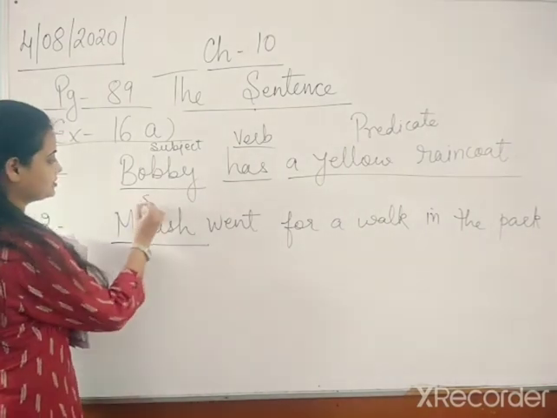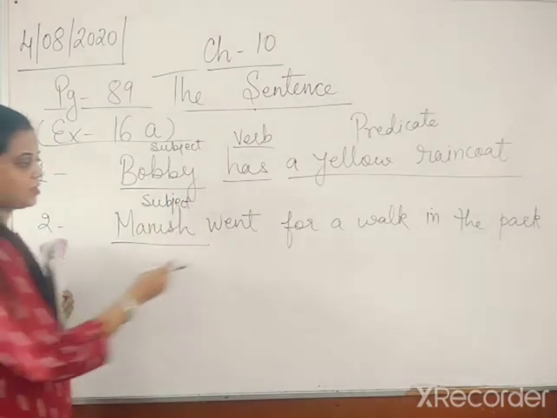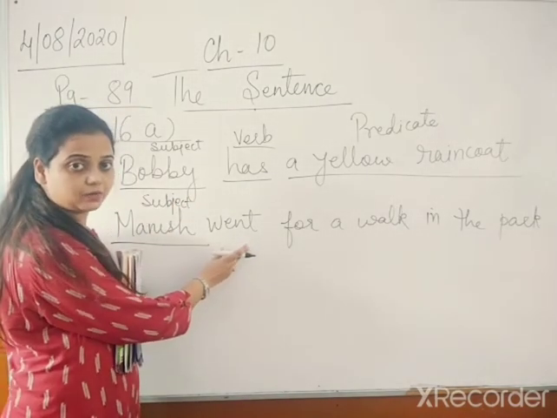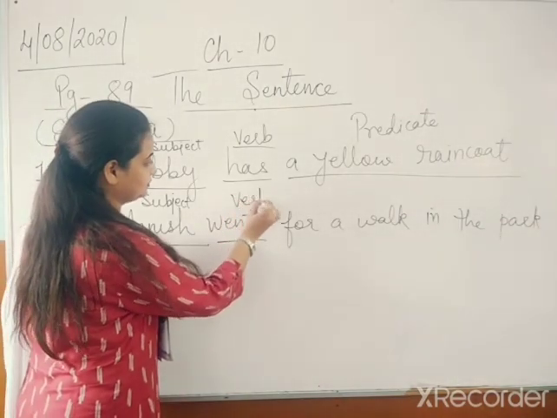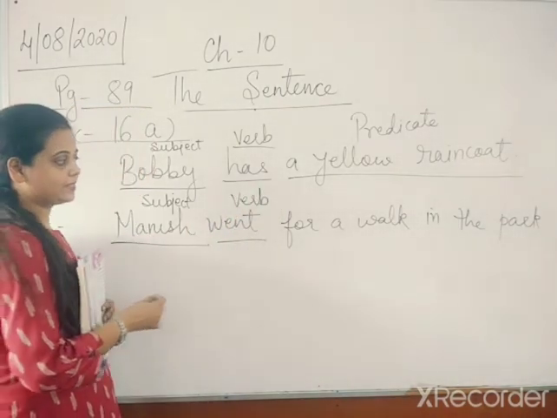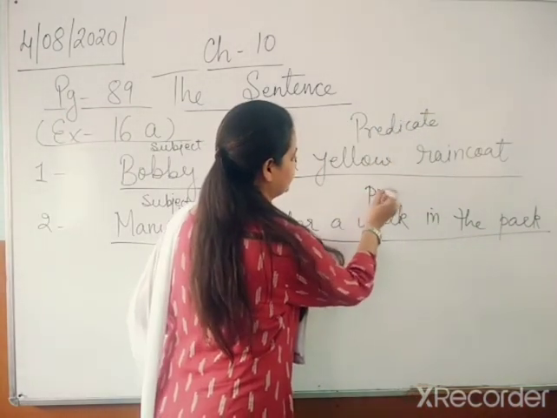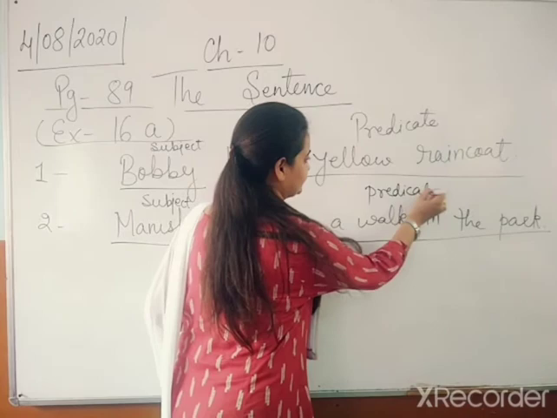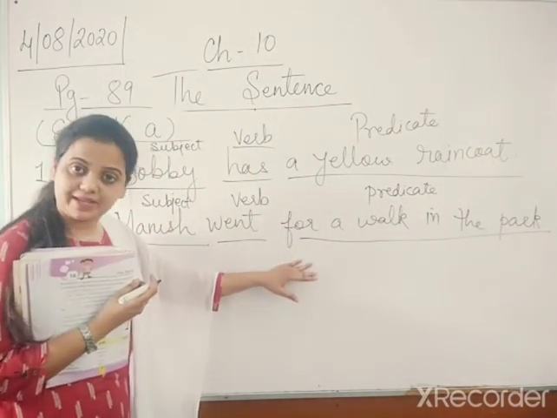So Manish is your subject. Okay. Went is a verb. It's an action. So went will be your verb. Okay. Then for a walk in the park is your predicate. Okay. So your verb also comes with the predicate.